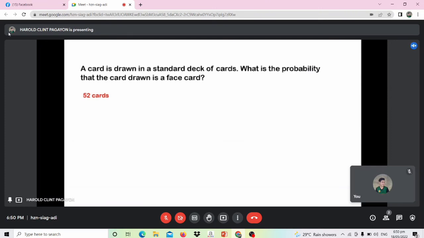But that's not what we are looking for. If you try to remember, not all the cards in the standard deck have a face. The only cards that have faces are Jack, Queen, and King.